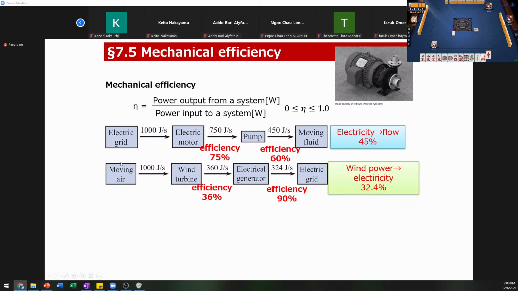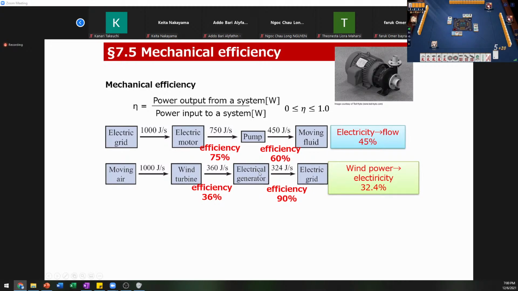So the next example is wind power to electricity. Okay. So say air moves the turbine with 1000 joule per second, and turbine output could be 360 joule per second.